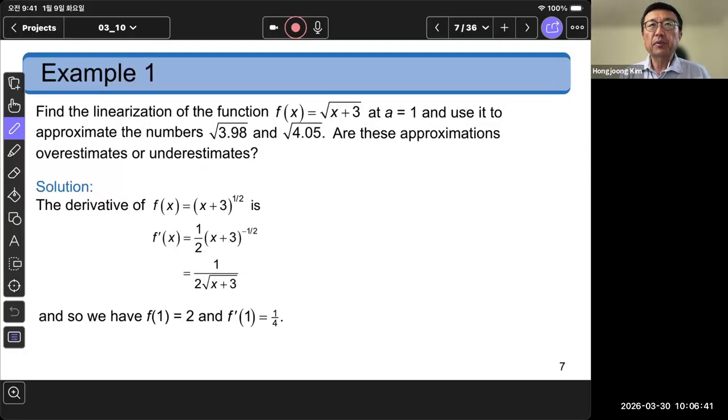So here is an example. Suppose that I have the square root of x plus 3 function, and suppose that I want to estimate these two values. Now, these days, everyone has a calculator, so we can easily estimate these two values.